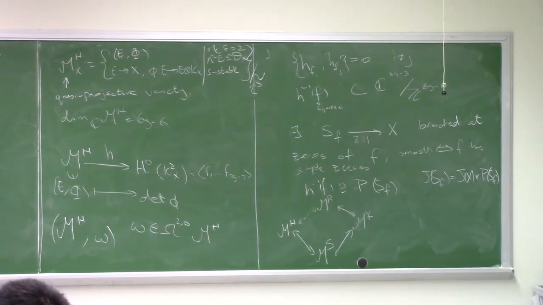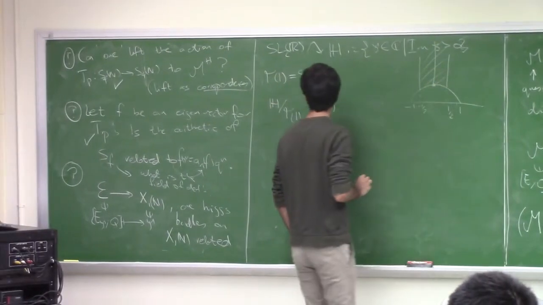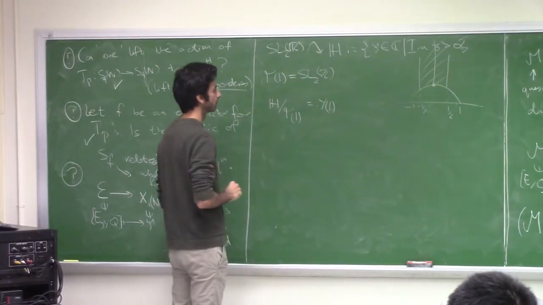So this looks like the following thing. We have the fundamental domain, with 1, and these things go to half, and minus half. So that's what the fundamental domain of SL2Z looks like.